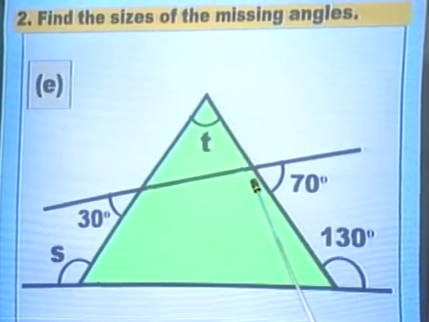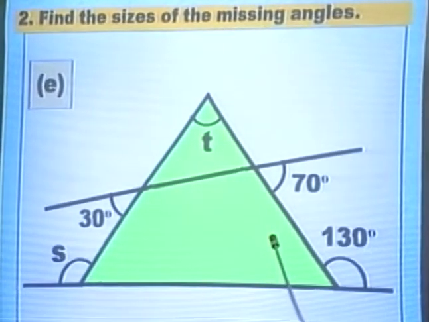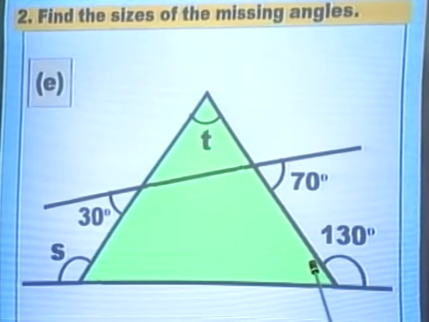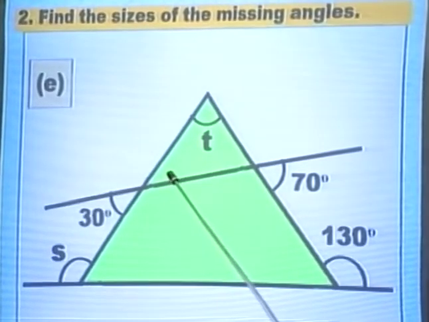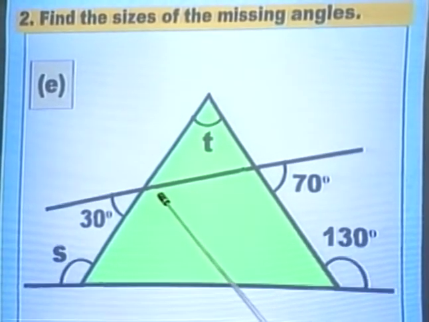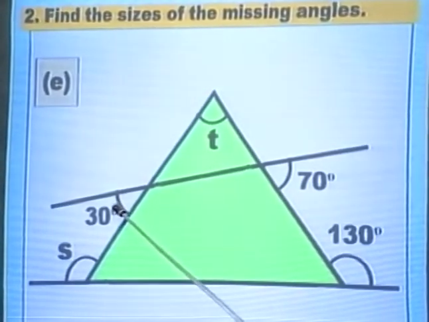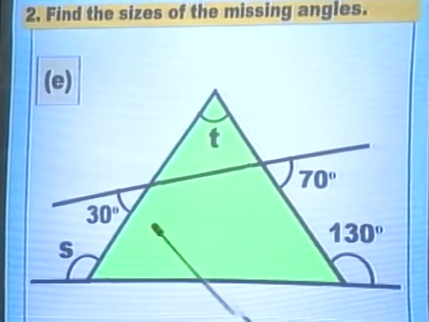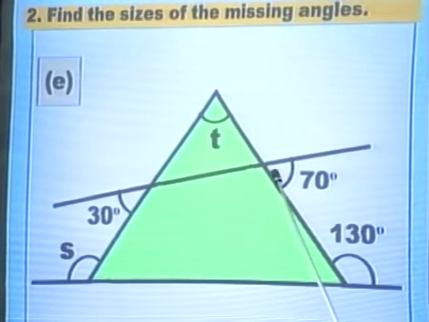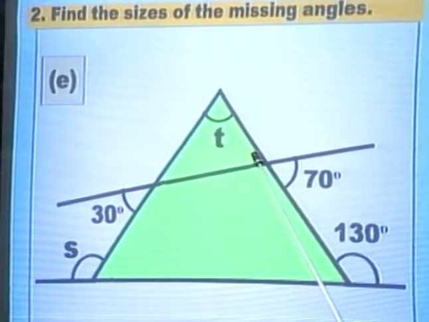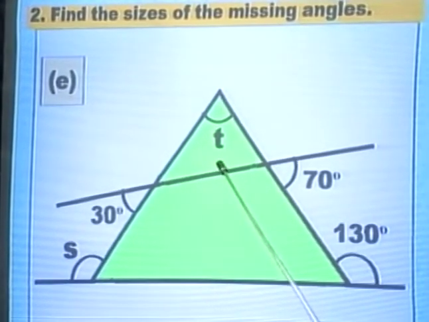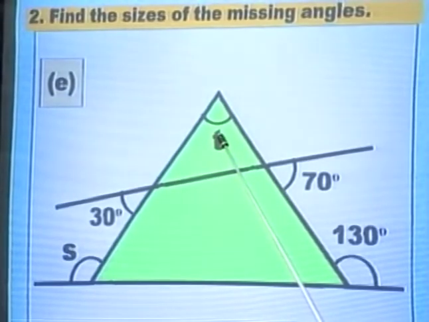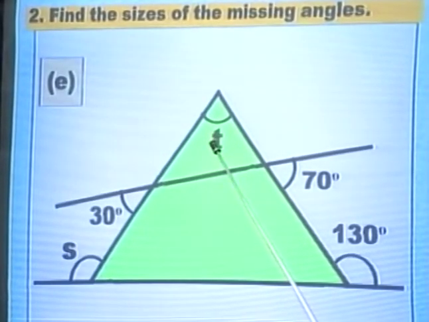So just by looking at the diagram, you can work out that this is 50, this is 110, this is 30, this is 30, this is 150, or if this is 30, you get 150 here. You don't even need this one. Okay, if that's 150, that's 30. If this is 70, this is 70 because they're vertically opposite angles. So if this is 70, this is 30, 70 and 30 is 100, therefore T is 80 degrees.